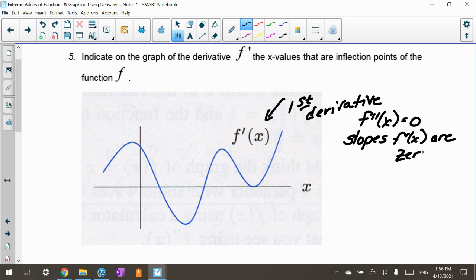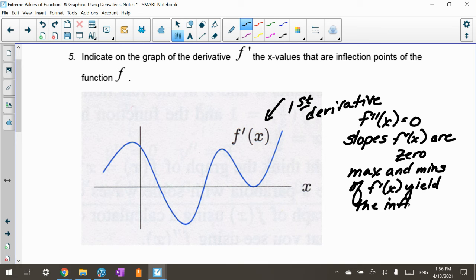I'm just trying to get you to think this through. So basically, all the maxes and the mins of f prime of x are going to yield the inflection points of our original graph f.